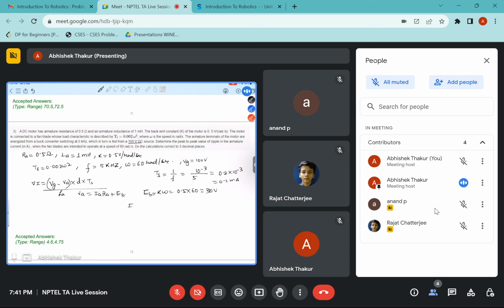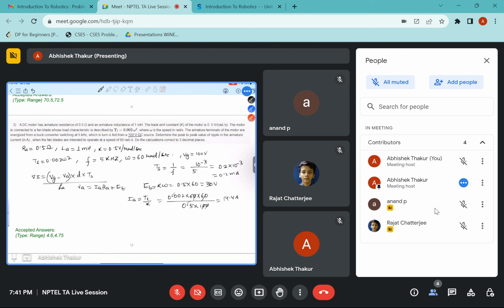For finding Ia, that is equal to TL by K. TL is given as 0.002 into omega square, that is 60 into 60, divided by 0.5. So it will be 7.2 divided by 0.5, that is equal to 14.4 ampere. So Va is equal to Ia Ra plus Eb.